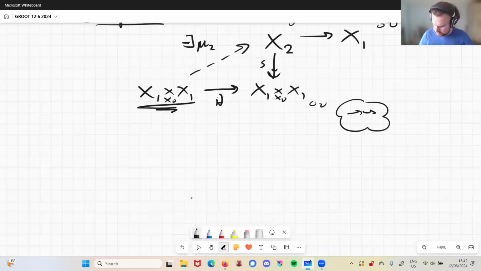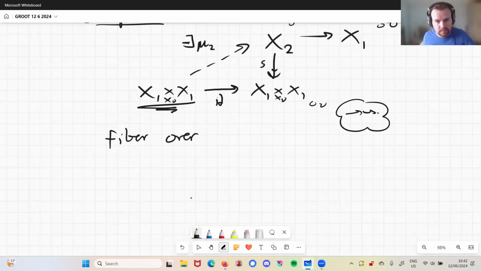All right, now we take this whole picture, and this whole picture lives over x0 cubed, right? The starting object, the middle object, and the last object. We can fiber this whole thing over 3 objects, x, y, and z, living in x0 cubed. And what do we get in the end?